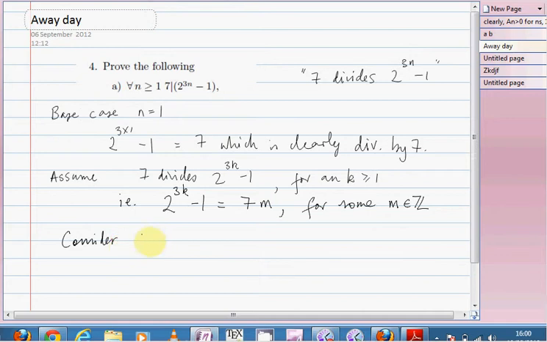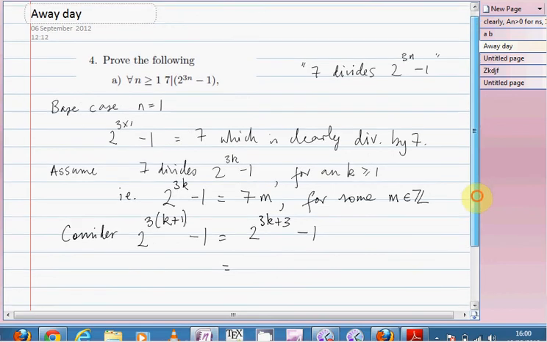So I'm considering the integer now 2 to the 3 times k plus 1 minus 1. Okay, and I can do some algebraic work on that. It's 2 to the power of 3k plus 3 minus 1. Now this is the hardest step in an induction proof.